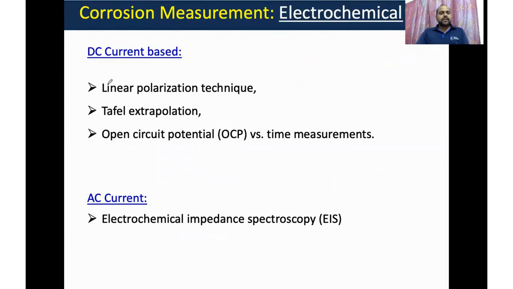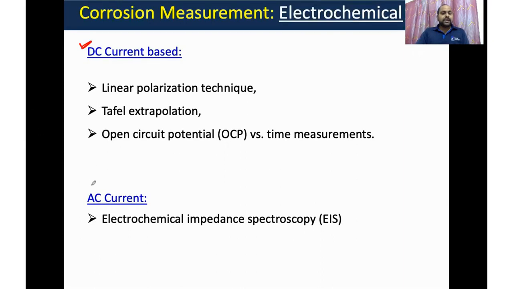So based on the current applied, we can divide our measurements into four categories. One is DC current measurement, those measurements in which we use direct current, and the methods are known as the linear polarization technique, Tafel extrapolation, or open circuit potential versus time measurement, OCP.